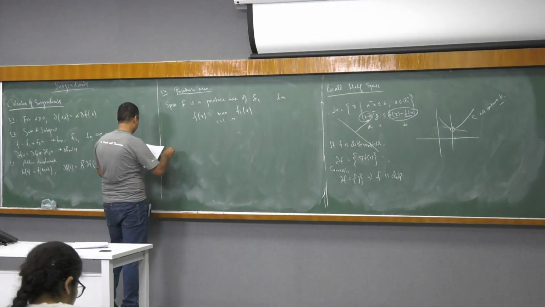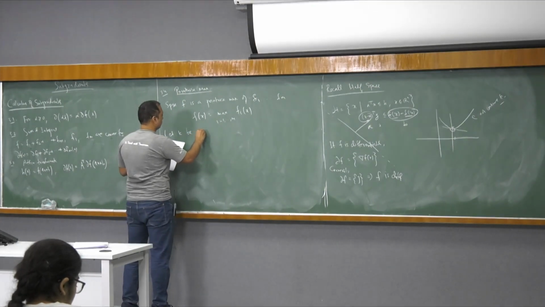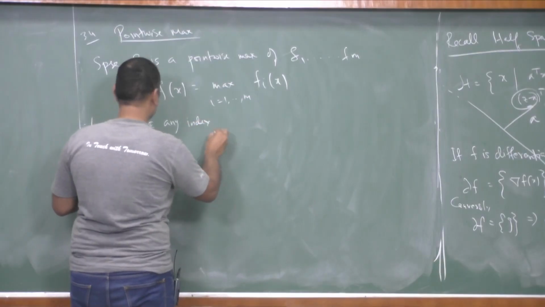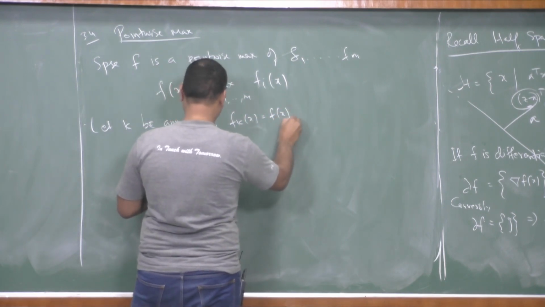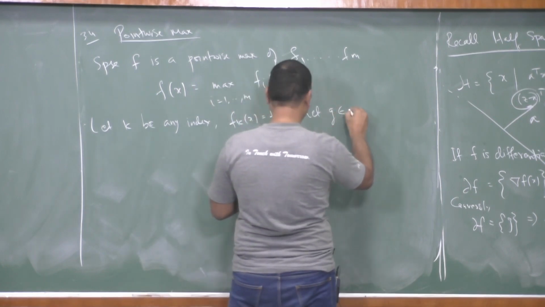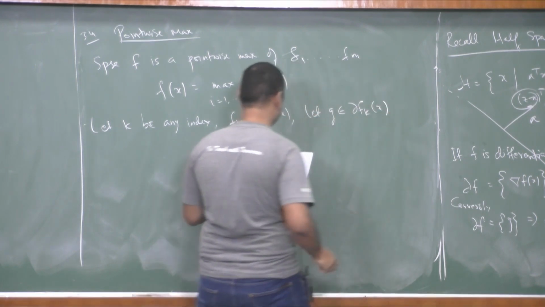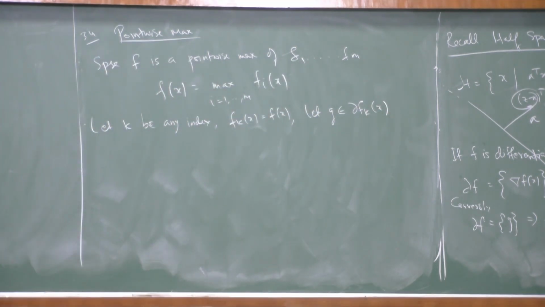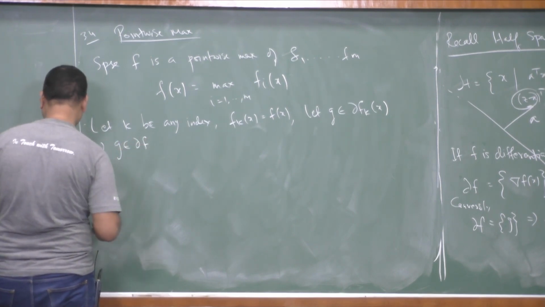So let k be any index for which fk(x) is f(x), and let g be in the subdifferential of fk(x). If g is in the subdifferential of fk at x, then since fk(x) is f(x), g is also in the subdifferential of f. So this implies g is in the subdifferential of f.